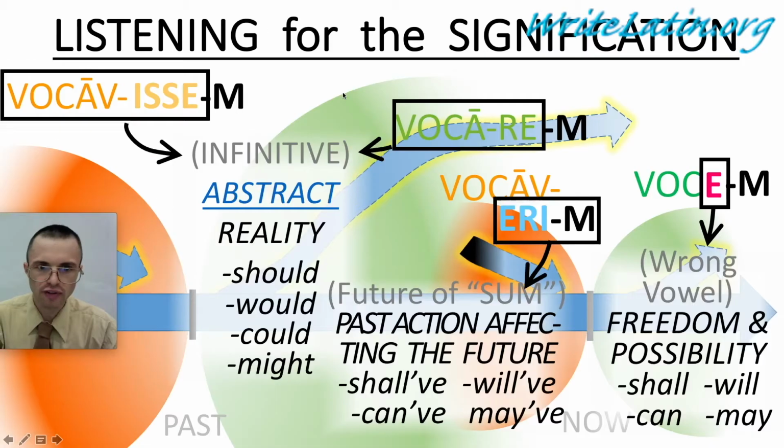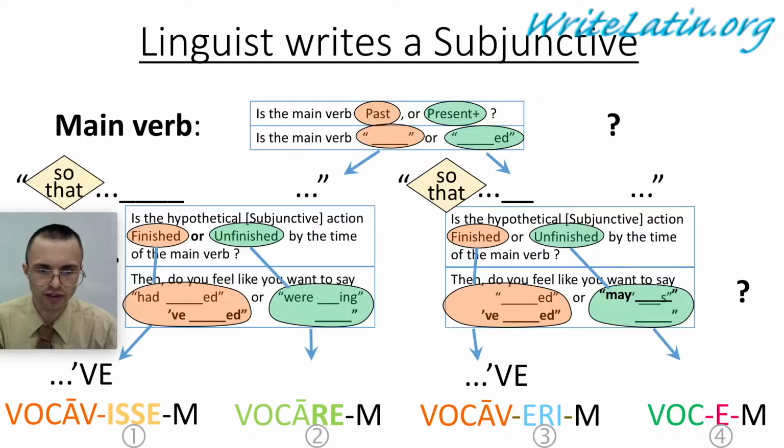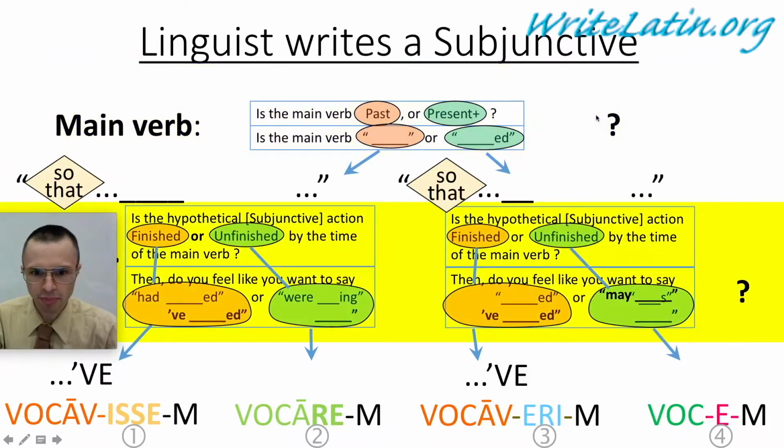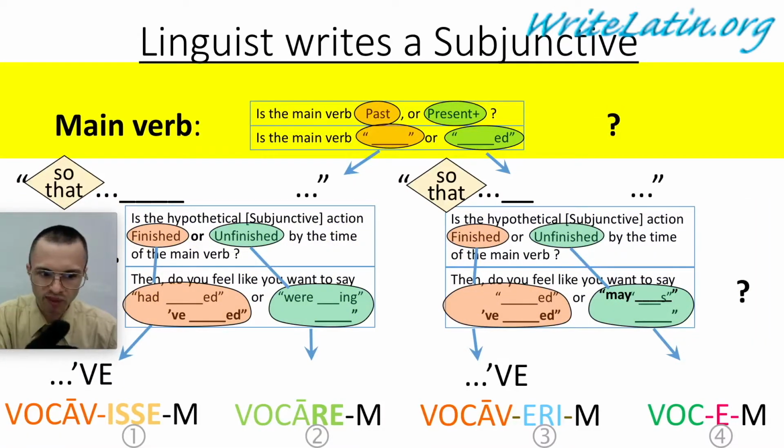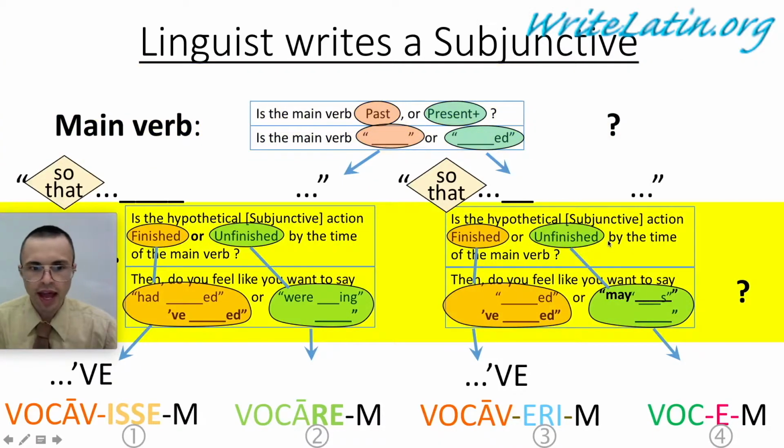So what is the chain of thought that you should follow as you're deciding which of these four subjunctive tenses to use when you want to write a sentence? Well, remember the first decision is up here in the top row. Is my main verb a present or later than that tense, or is my main verb a past tense? So based on that, you'll either go to the left with past tense or to the right with present or future. After that, once you've noticed what your main verb is, then you'll pick from one of the two possibilities.